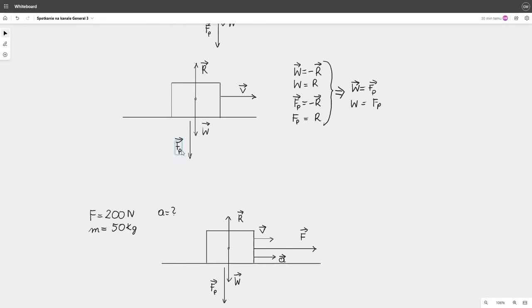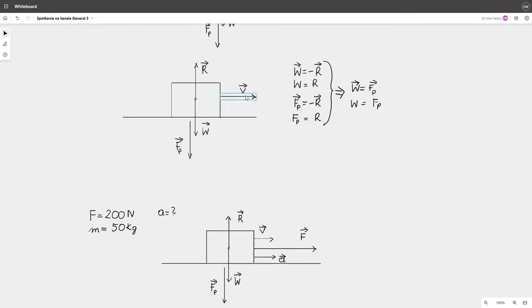You can see it here. We have the same forces in vertical direction. Weight and normal force balance each other, and there is no force in the horizontal direction.